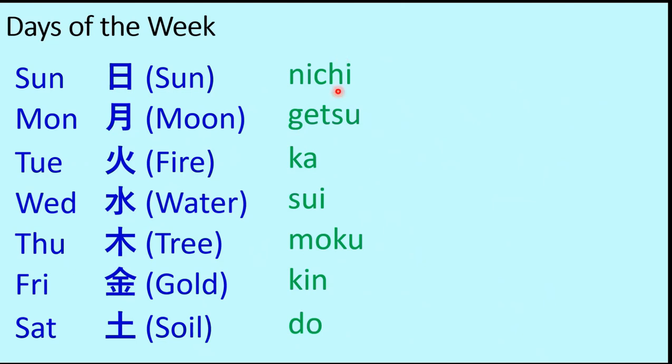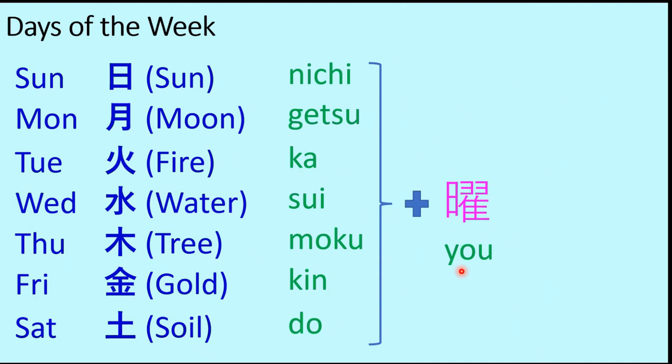With each of these words, we have to add something else. And what is that? First is this kanji, which is pronounced as yo, and the meaning of this kanji is sunshine or something glorious like the sunlight, the daylight, the shine, or the weekday.